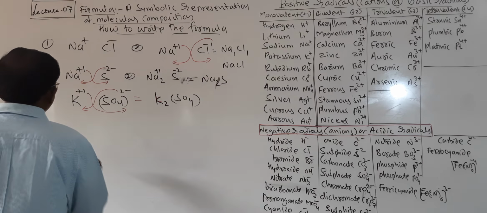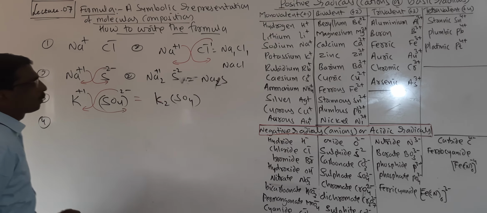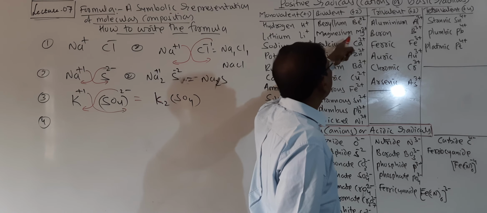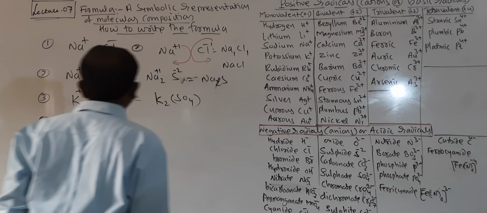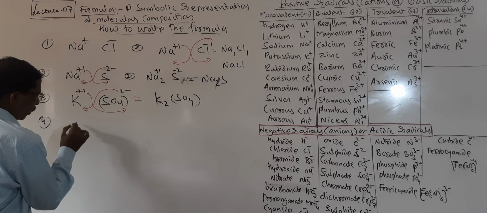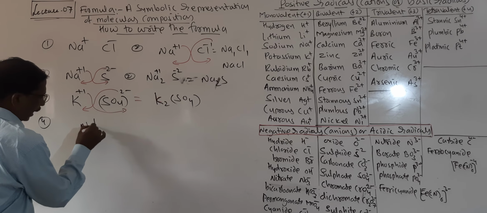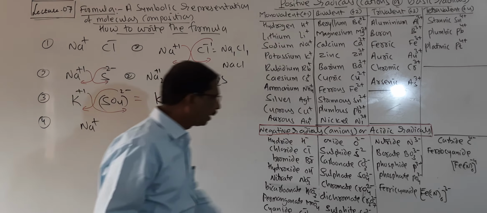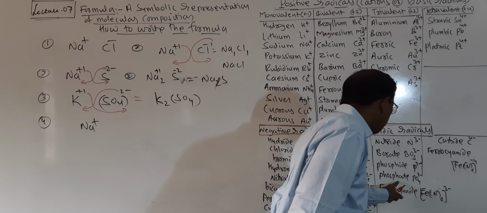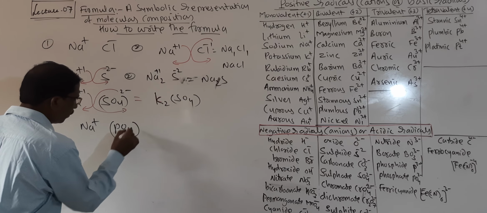Then similarly, I will go for the second one, magnesium or beryllium. I will write here magnesium. Otherwise you may take the third one, sodium, Na plus, and third valency you may write borate, phosphide or phosphate, or any one. I will write phosphate, PO4 3 minus.